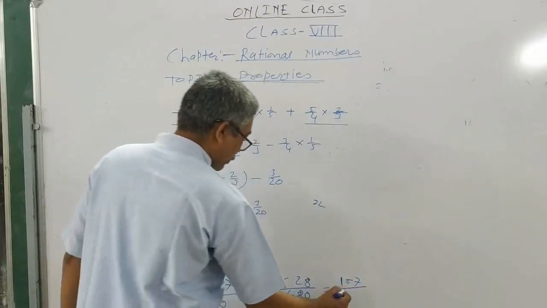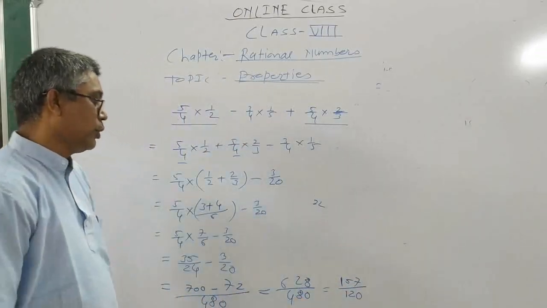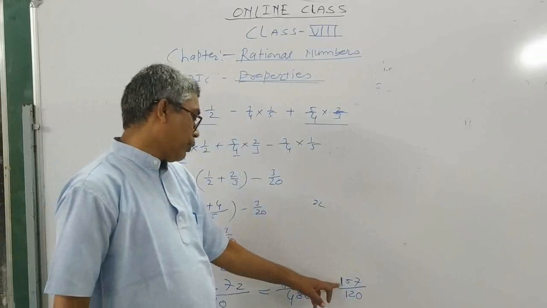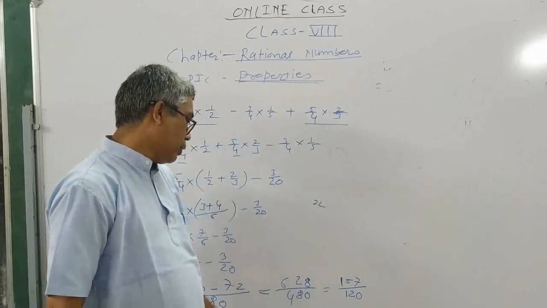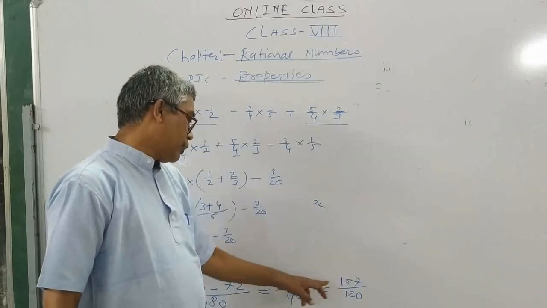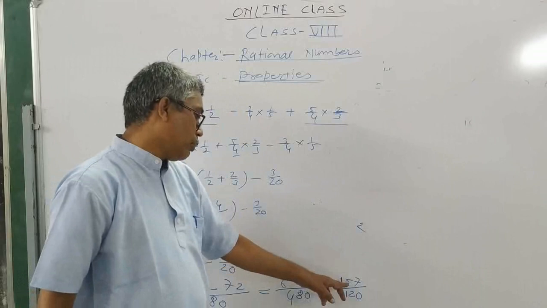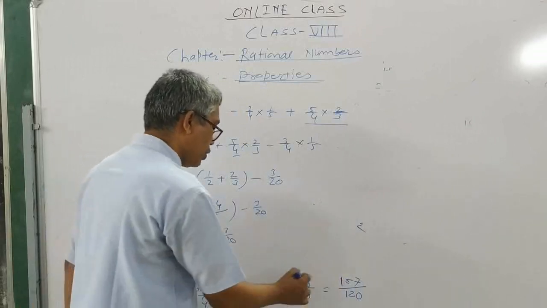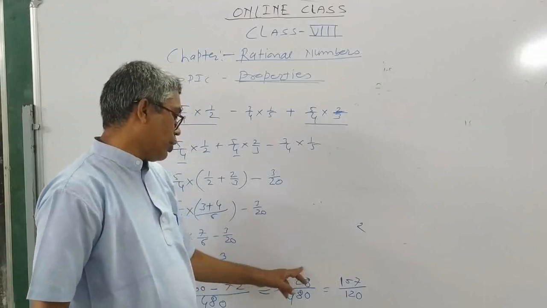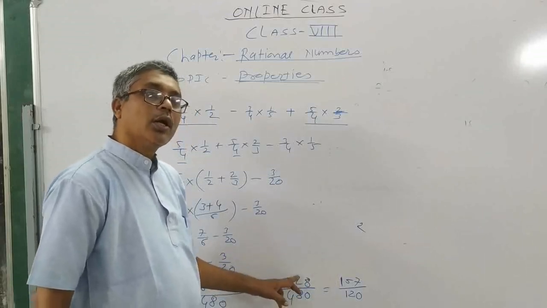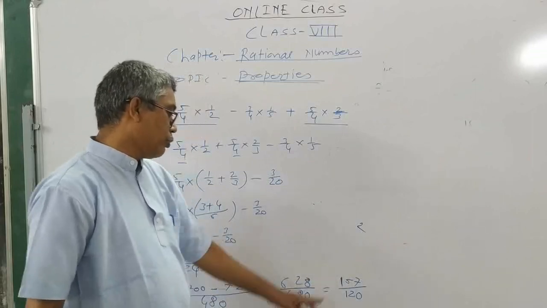Here 4 1 is 4, 4 2 is 8. 4 5s are 20, 20 plus 2 22. Here we have 2 balance 2, 4 1s are 4 plus 2 6. So 628 upon 480. अगर हम इसको reduce करेंगे, here we get 157 by 120. So this is the answer.